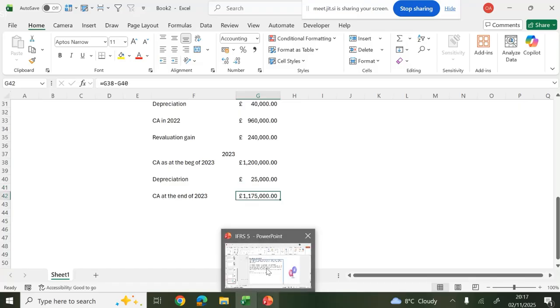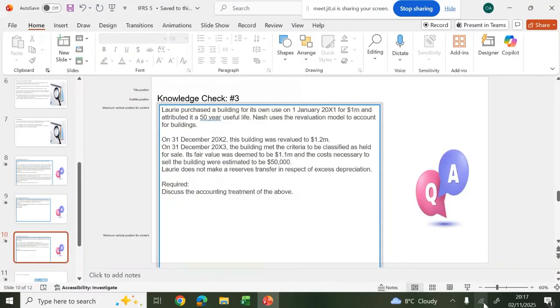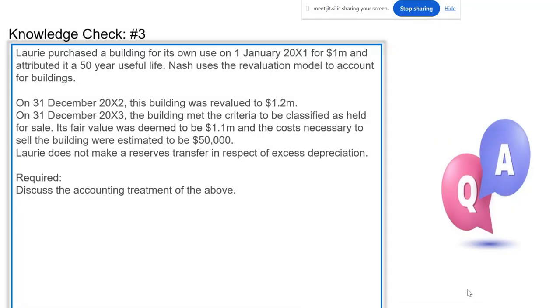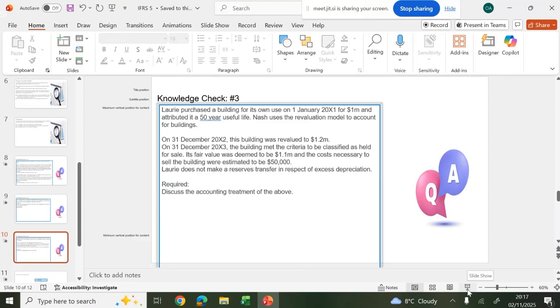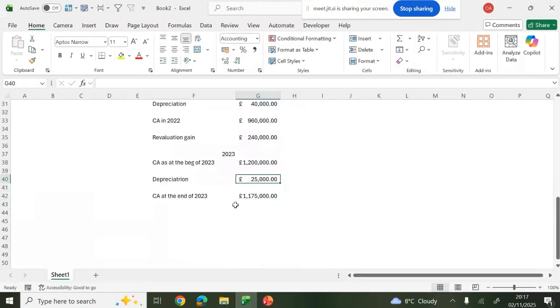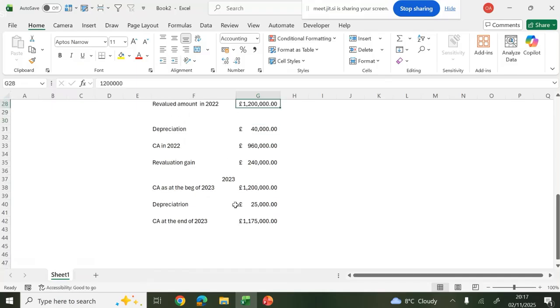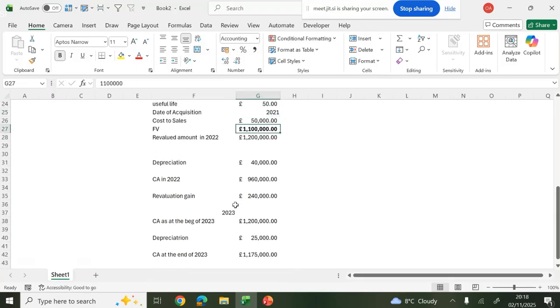So which one are we going to choose, carrying amount or fair value? Fair value, 1.1 million, because the carrying amount is higher. Does that make sense? That is how you account for an asset held for sale.